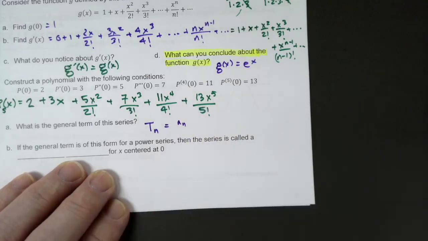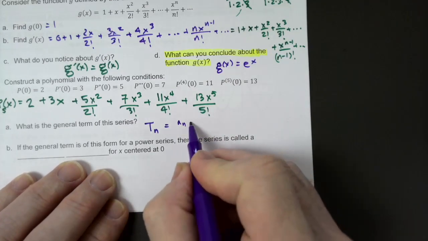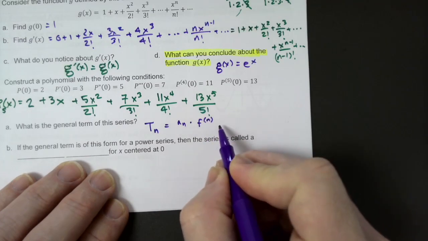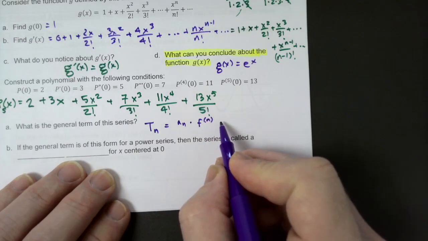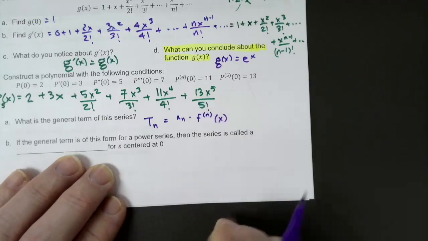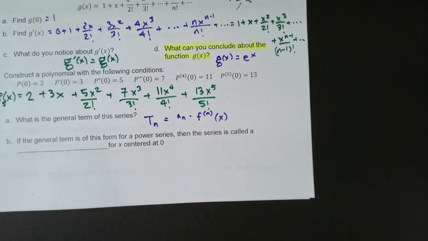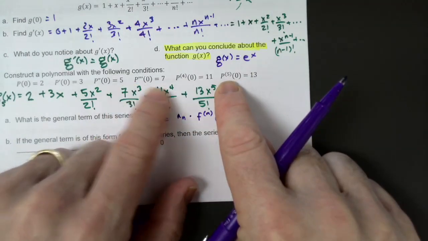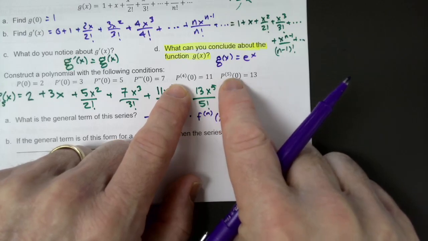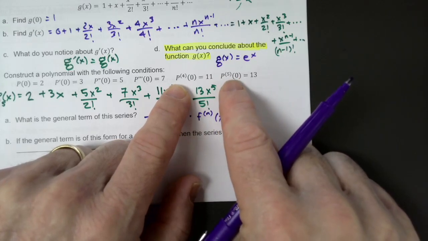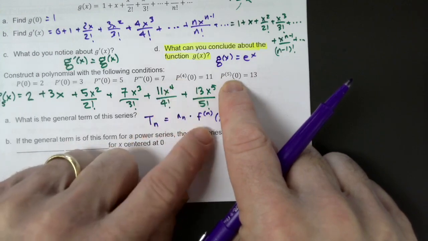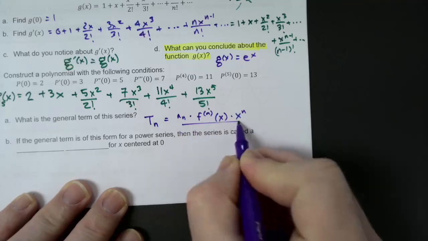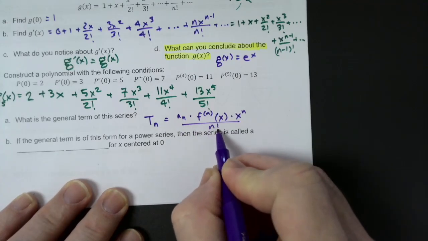A sub n, some constant, times f, and then I'm going to put in parentheses a little n there, and anytime we see parentheses, if you recall from AB, that's not telling us that it is a power, to the fifth power, but it's saying it is the fifth derivative, the fourth derivative. So this is the nth derivative times x to the n all over n factorial.